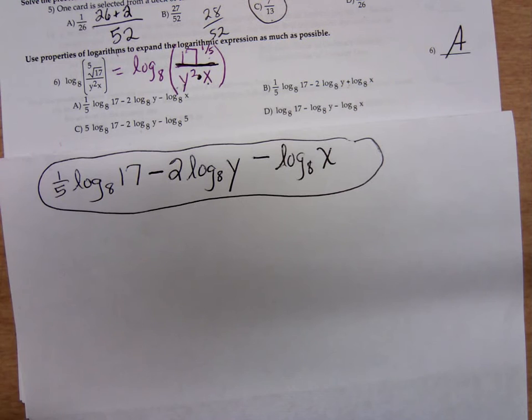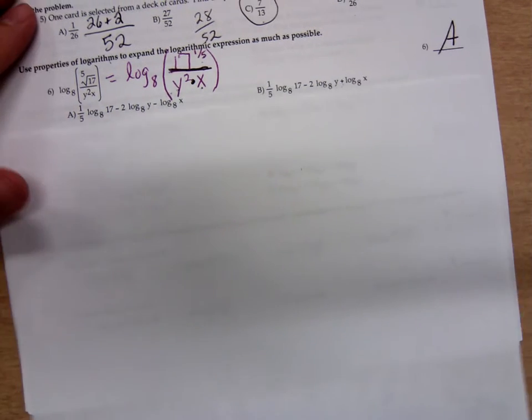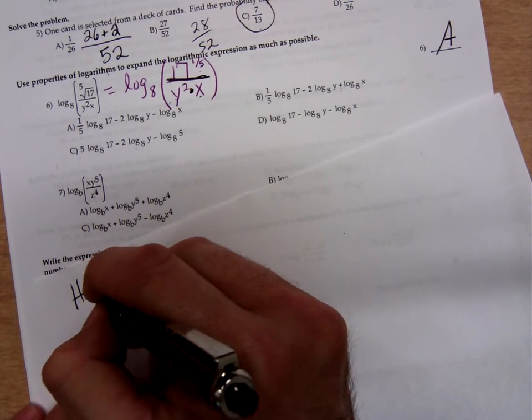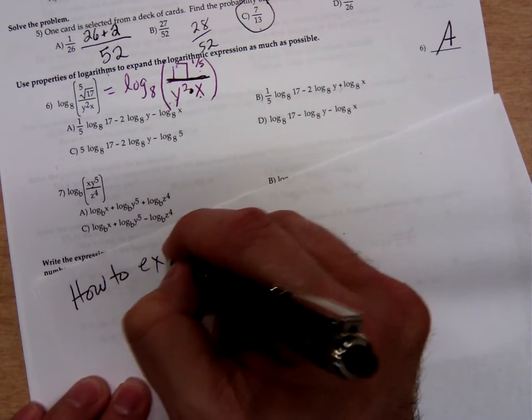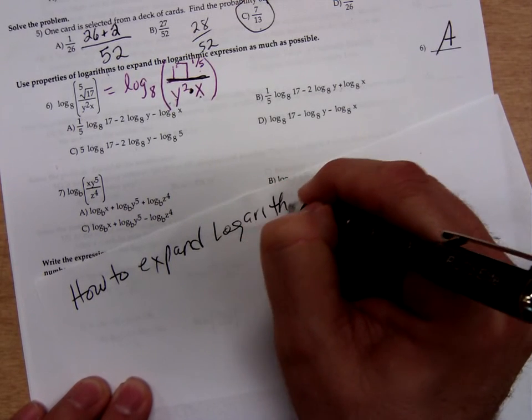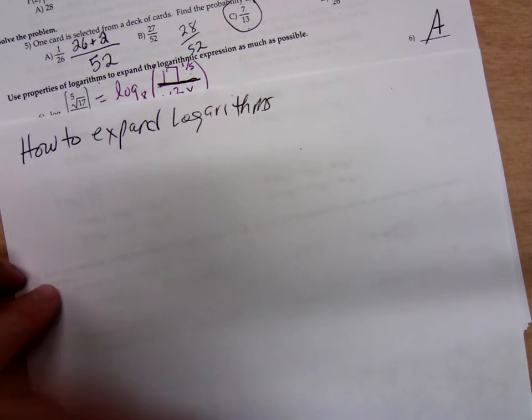Maybe it would be a good idea for me just to make sure y'all see that pattern before we do the next one. I'm going to review how to expand logarithms with an example. I'll make one up.